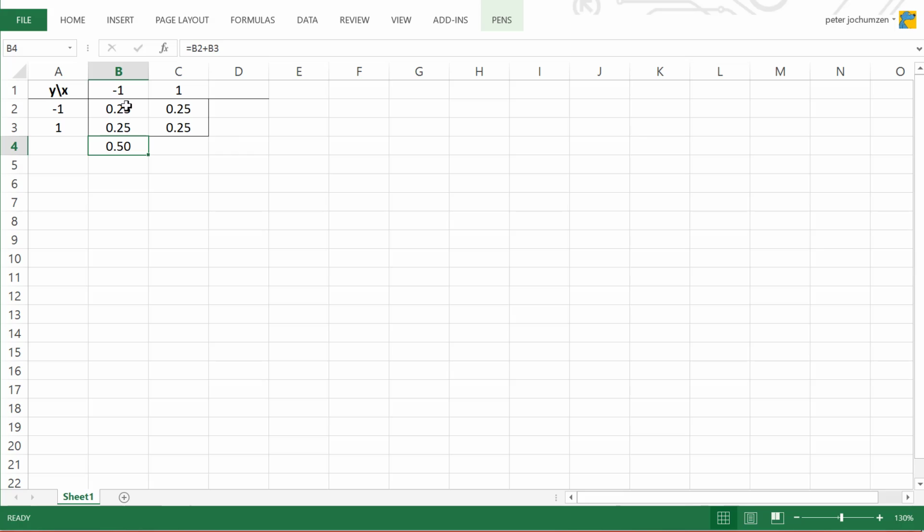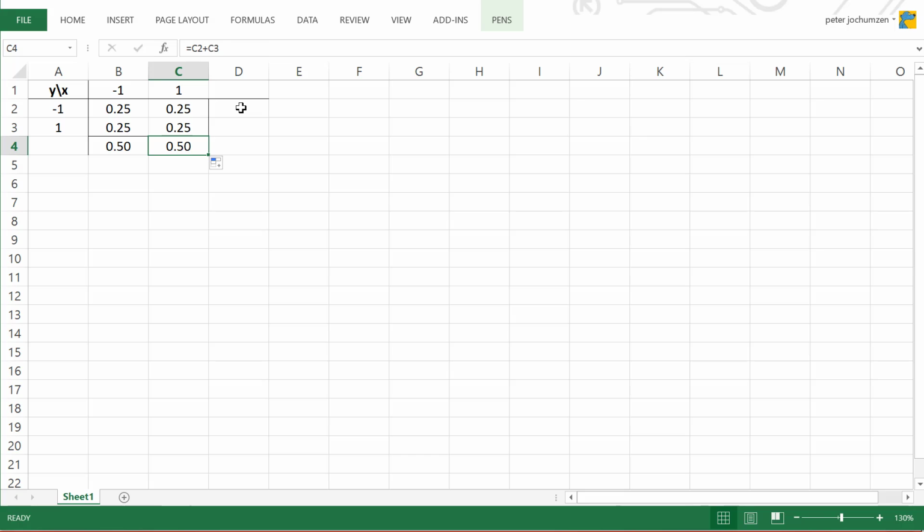It's -1 when x is -1 and y is -1, but it's also -1 here, when y is +1. So this 0.5 tells us that the probability that x will come out to be -1 is 50%. If I do the same thing, I also have a 50% probability that x is equal to +1.